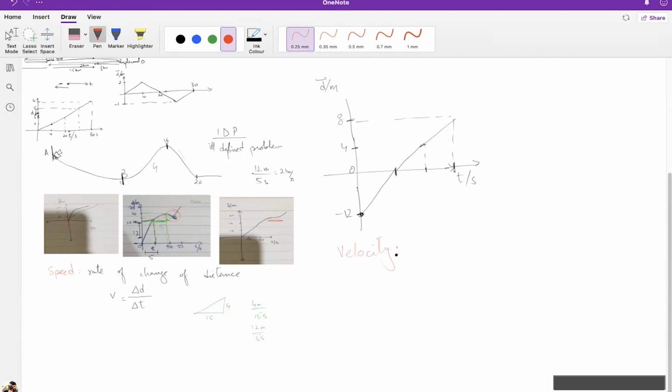So velocity is going to be the same thing, rate of change of displacement. And this can be negative, which means this velocity itself is a vector because it can be negative, right? So the way we define it is still the same. The change in displacement, but a vector, compared to change in time, and that is velocity, which is itself a vector because it can be negative, right?